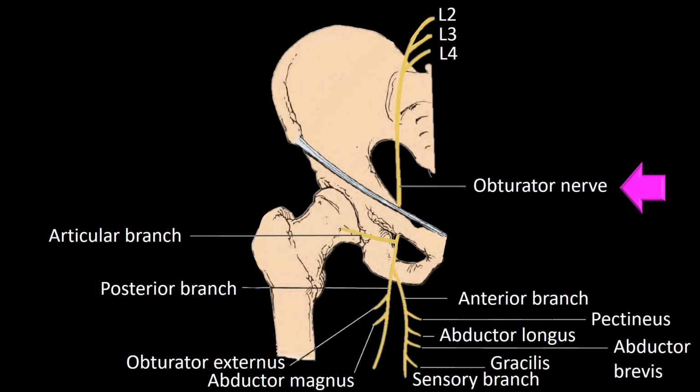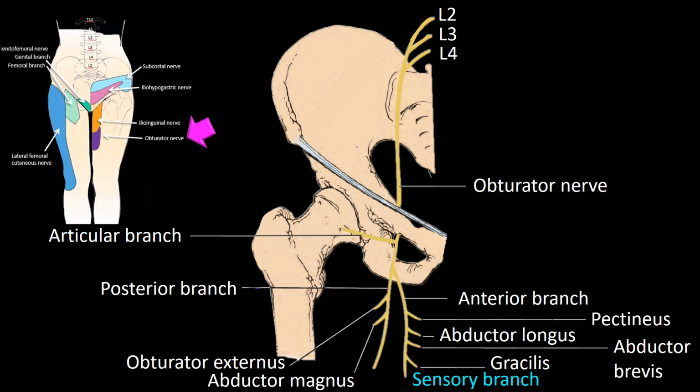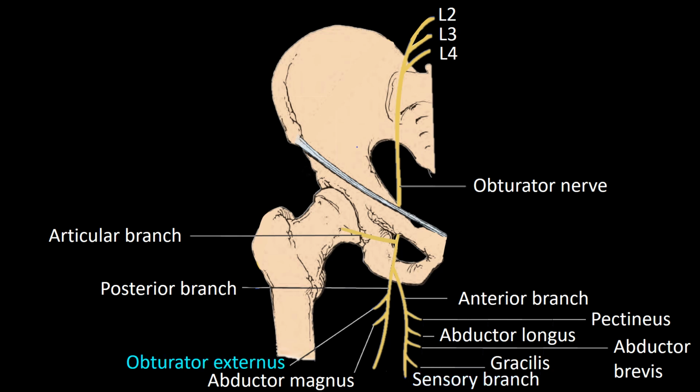The obturator nerve provides sensory fibers for the hip articulation and to the medial thigh just below the territory innervated by the ilioinguinal nerve, and sensory and motor fibers for obturator externus, adductor magnus, pectineus, adductor longus, adductor brevis, and gracilis. The obturator nerve is often damaged in pelvic surgery.